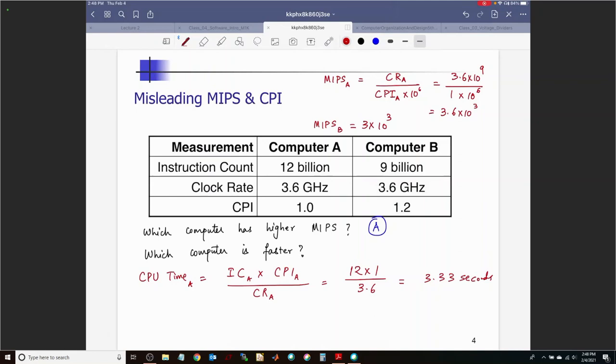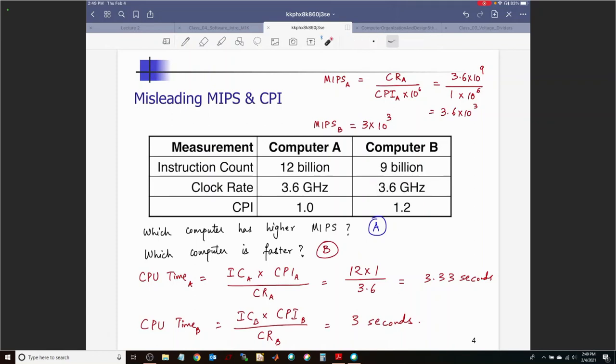And then CPU time B, IC B, CPI B, clock rate B, should be about 3 seconds. So it looks like CPU execution time for computer B is smaller, so computer B is faster.